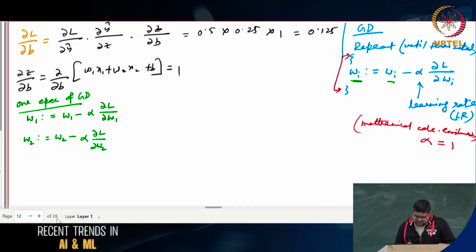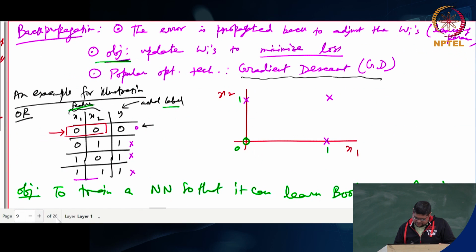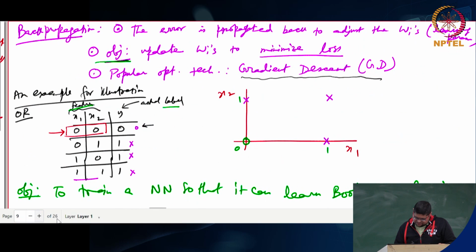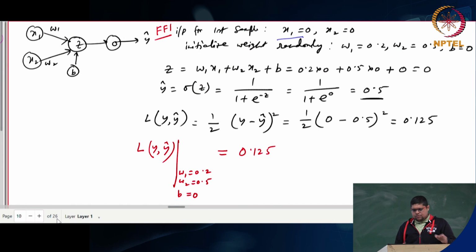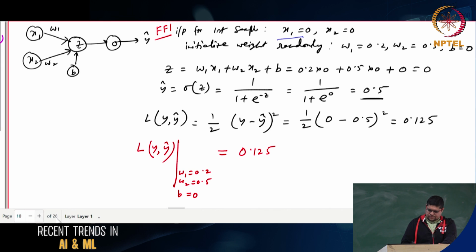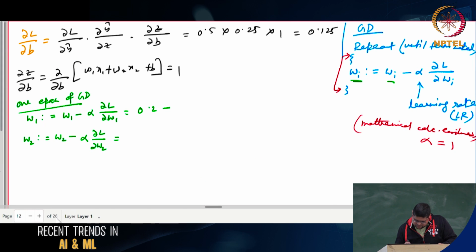Can you please quickly calculate for me? Earlier W1 was 0.2, W2 was 0.5. Alpha I have taken 1 for the sake of simple calculation.